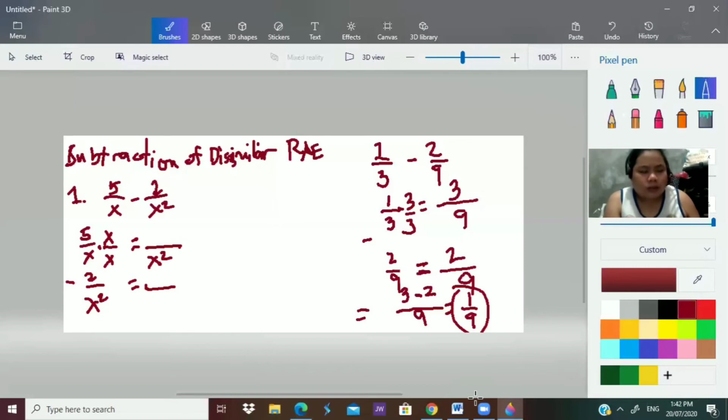So sa case na to, ang minuend ang mag-a-adjust. Okay? Mag-a-adjust ng fraction. I-recall pala natin. So, ito ang minuend, yung unang entry. At ito ang subtrahend.